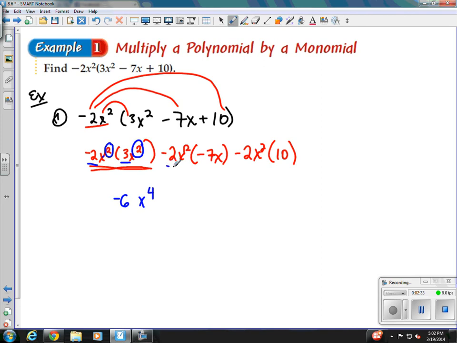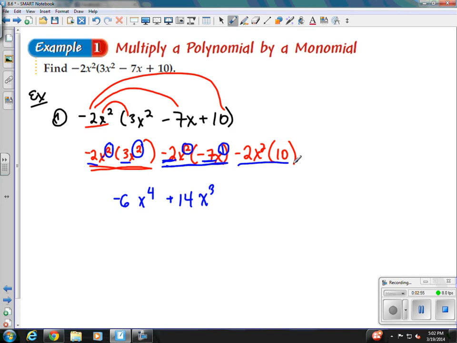Now we move on to our next one. Negative 2x squared times negative 7x. So negative 2 times negative 7 gives us a positive 14. And they both have x's, so this is 2 plus, this is technically x to the first, so a 1. So 2 plus 1 is 3, so x to the 3rd.